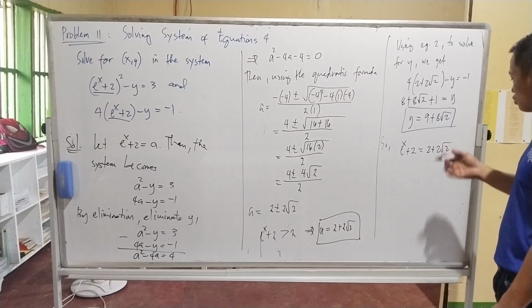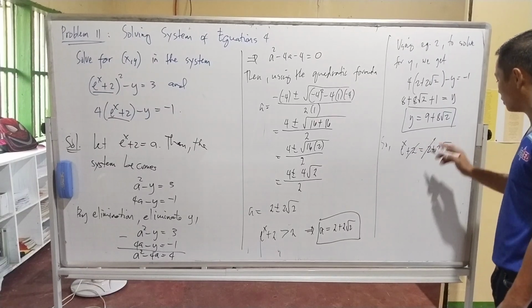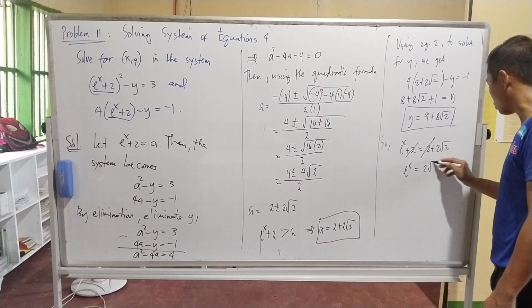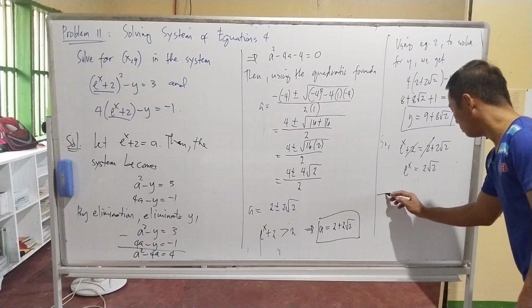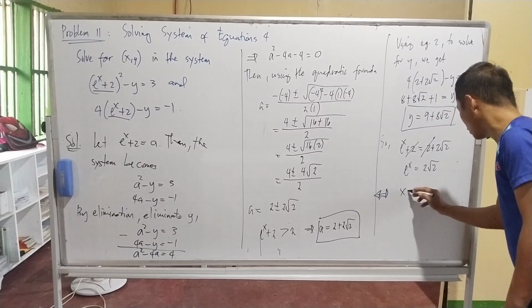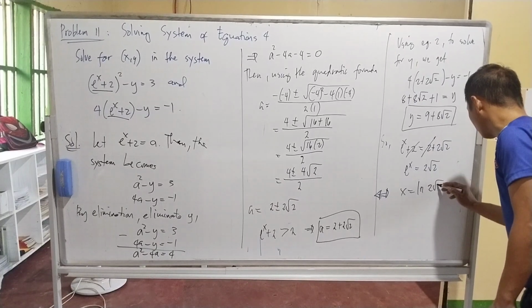Then by the addition or subtraction property of equality, we can cancel this out, and the remaining would be e^x = 2√2. By definition, this follows that x = ln(2√2).